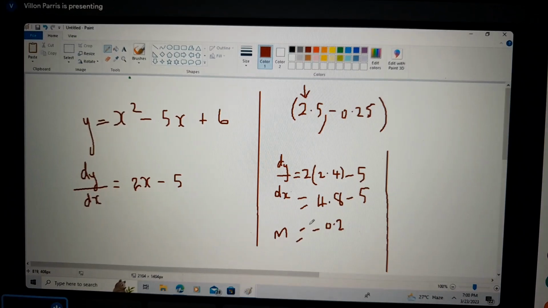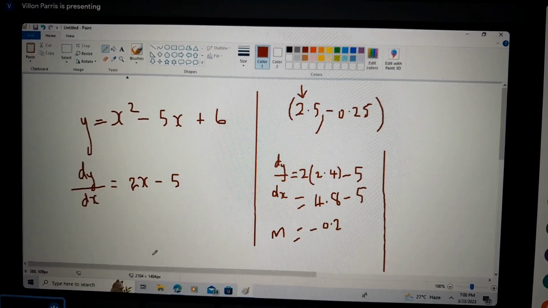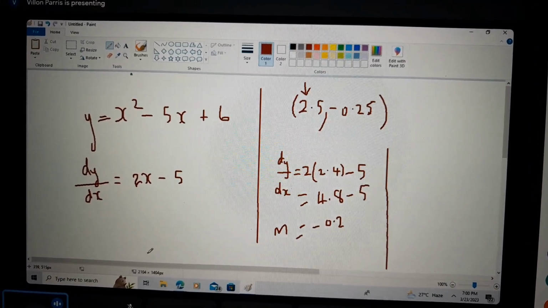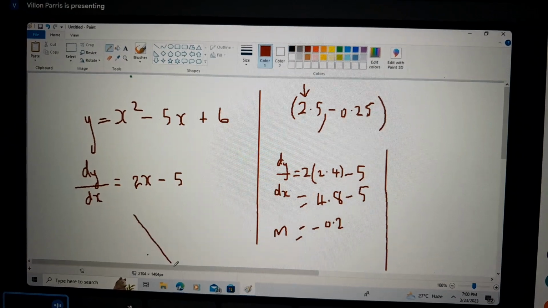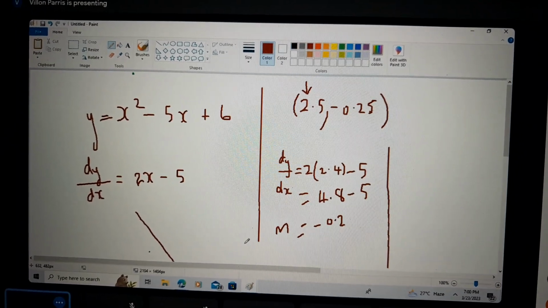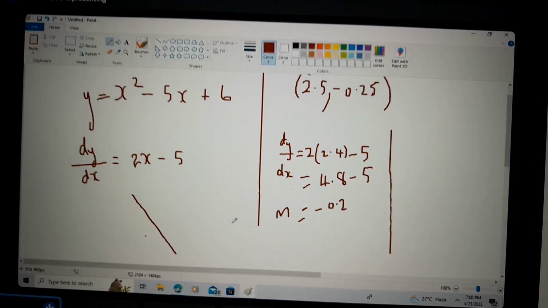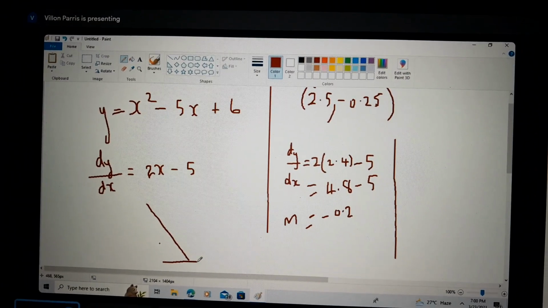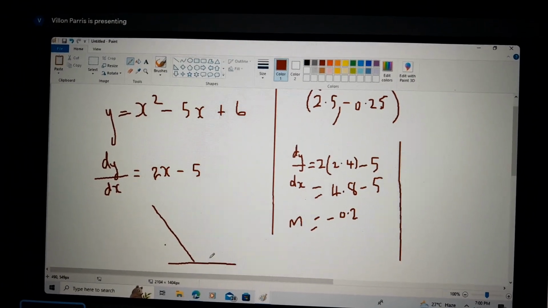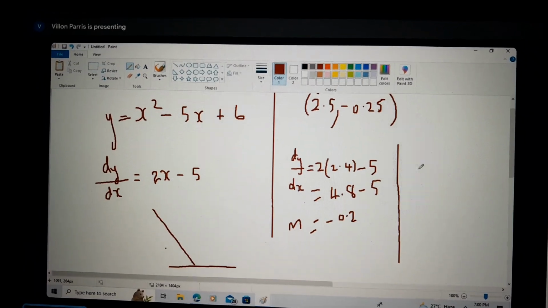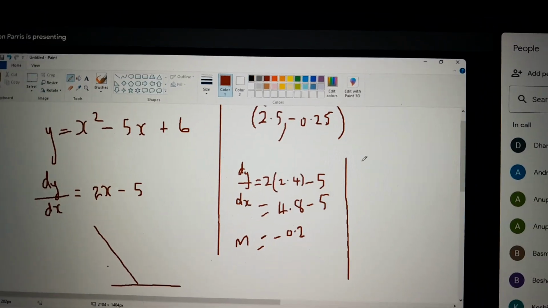So we start with a falling line. At the point 2.5, we know the gradient will be 0. So that will be a horizontal line.